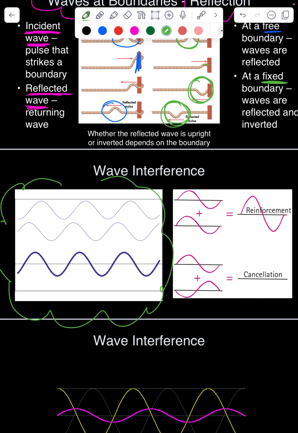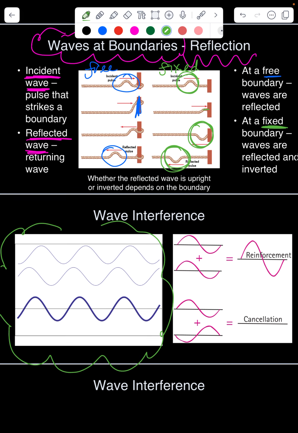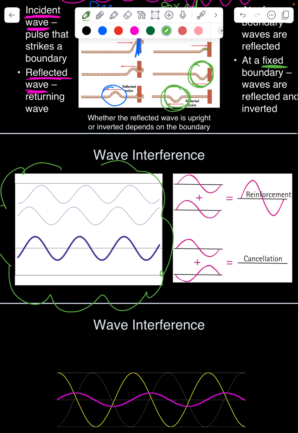So we looked at what happens whenever waves hit boundaries. For the rest of it, we're going to look at what happens whenever a wave comes in contact with another wave. That's something called wave interference.